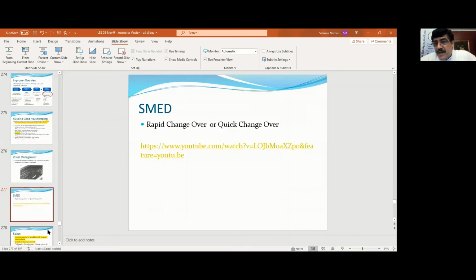Another concept here in the improve phase is SMED. There is a link. I want you to go through it yourself. It doesn't take long, maybe one or two minutes, but it will show you the importance of rapid changeover, or quick changeover. That's the key word for SMED: how you change from one machine to another machine.